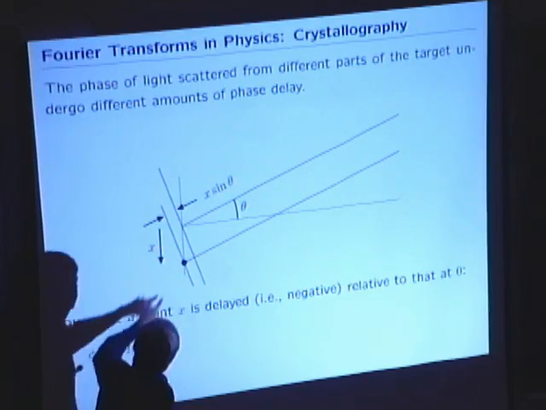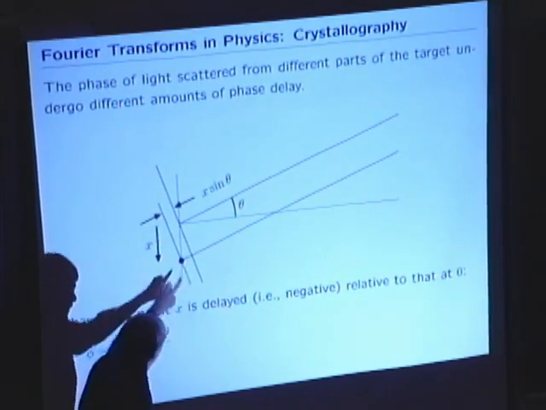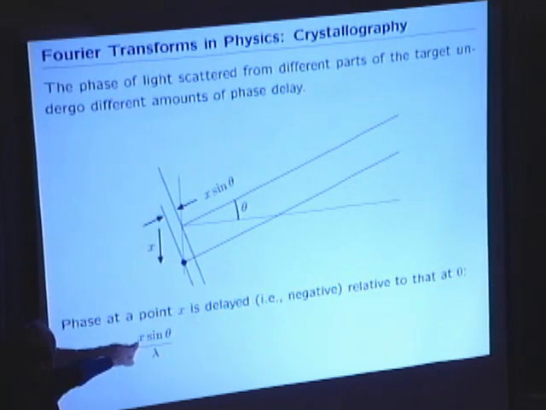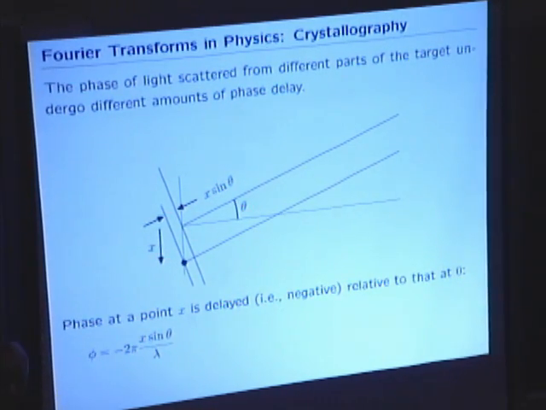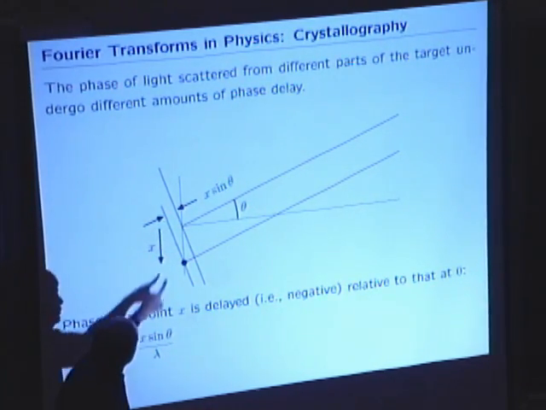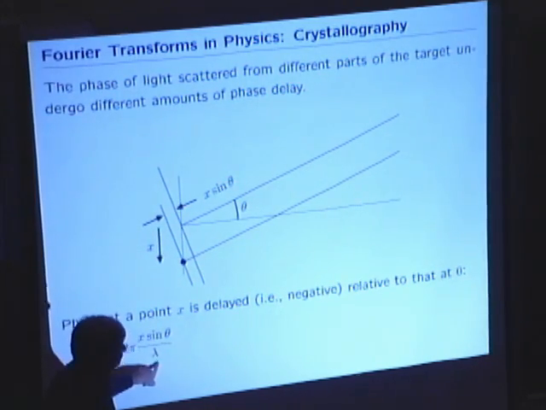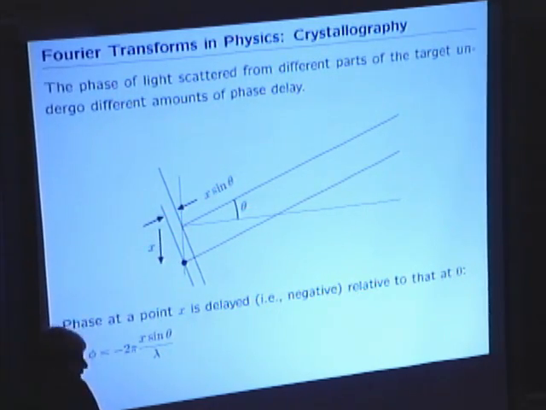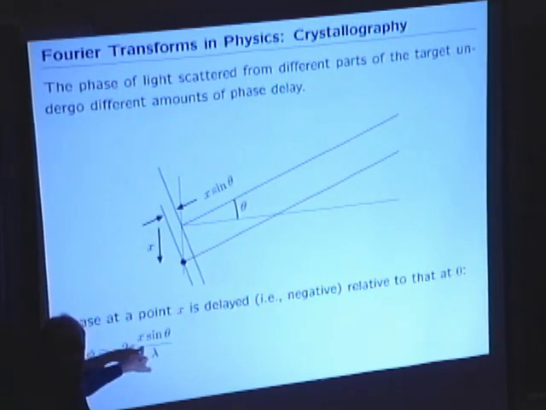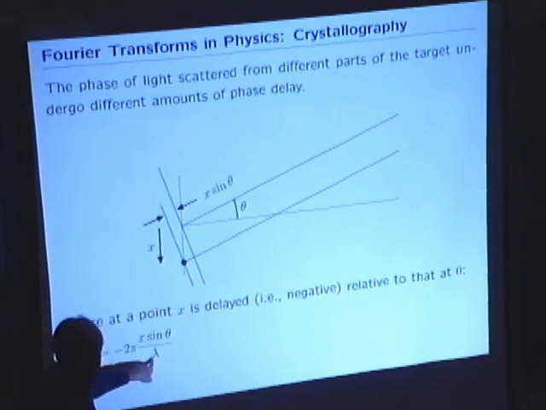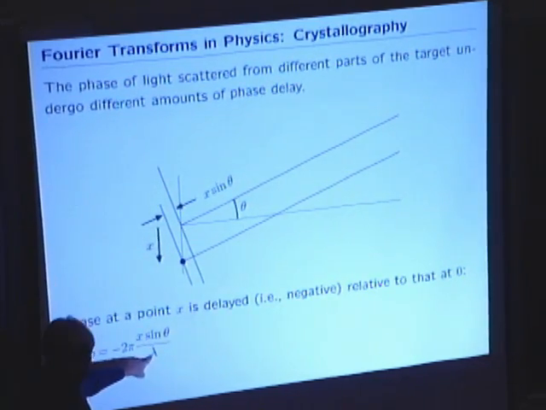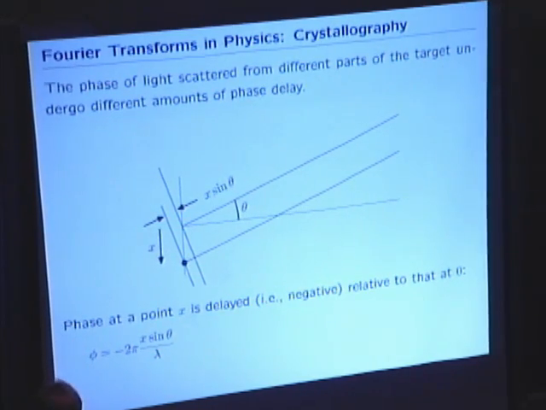And this is the relationship. The phase generated by a scatterer at the point x, just like the one-dimensional grating, if you take x and multiply by the sine, that tells you the delay in meters, but then you can convert that into radians by dividing by the wavelength and multiplying by 2 pi.